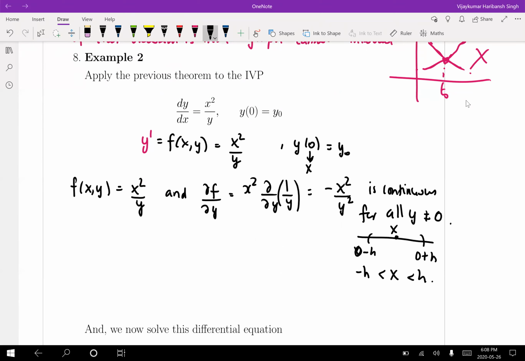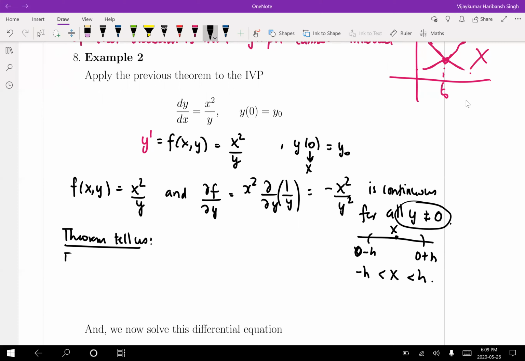So therefore the theorem above tells us that it's continuous for all y not equal to 0, right?